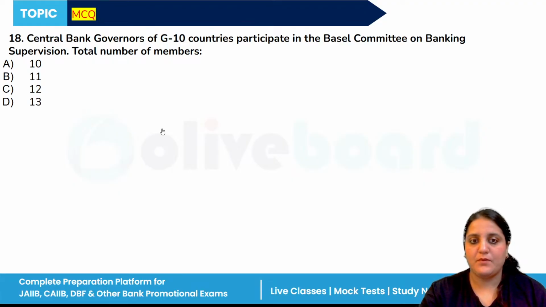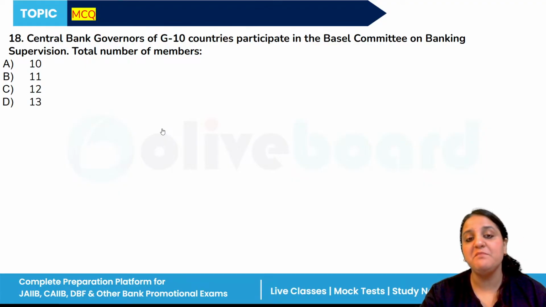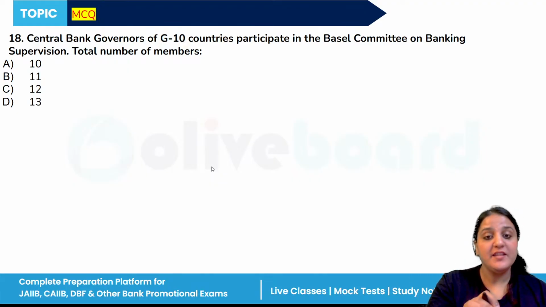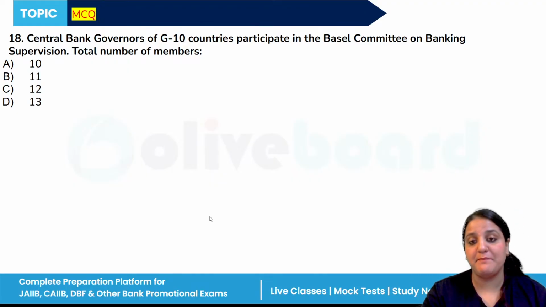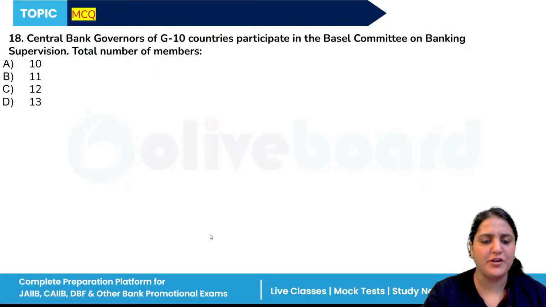See, the Basel Committee on Banking Supervision was originally established in 1974 by the G10 central bank governors, and now consists of 45 members from 28 jurisdictions. While founded by G10, the committee expanded its membership significantly from 2009 to 2014 to include more countries.